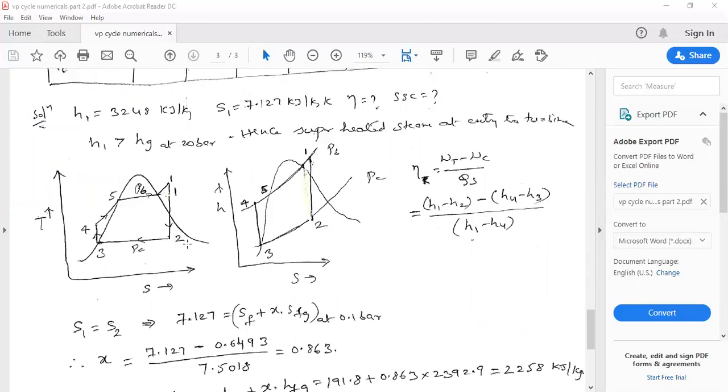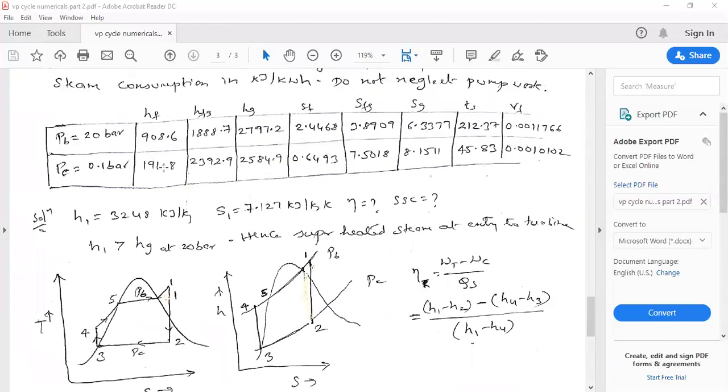So how to find the dryness fraction at point 2? It is obtained by using the same step. S1 is equal to S2, that is an isentropic process. So the S1 value we know directly, equate it to S2. S2 lies on the condenser pressure: SF plus X into SFG at 0.1 bar pressure. So get the value of X. X is equal to S1 minus SF at 0.1 bar pressure.